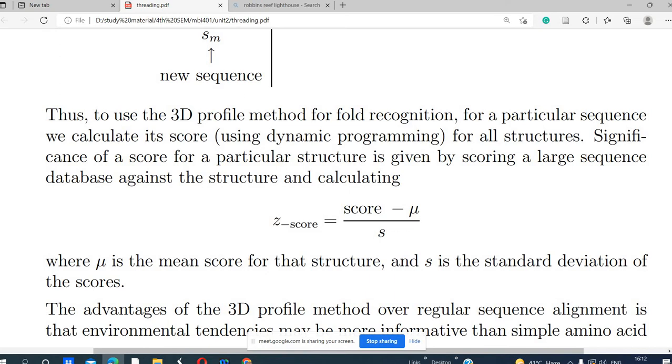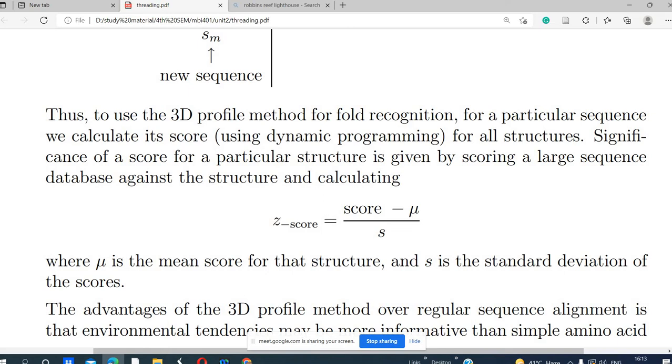Z score shows how significant it is, by scoring a large sequence database against the sequence. So we are calculating the Z score here for a particular structure. What is the Z score? It depends on how much the score is.